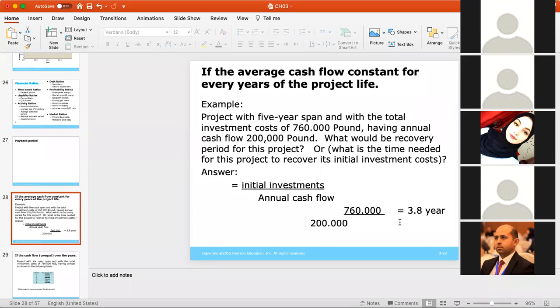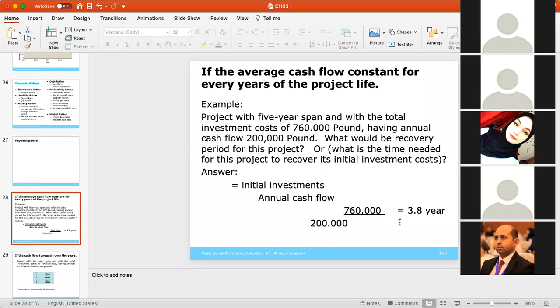We should divide this amount over the annual cash flow. But here we have constant cash flows. What do I mean by constant cash flows? Year one will give me a net cash flow of 200,000. Year two will give me 200,000 again. Year three, 200,000 again, until each year gives me 200,000 as a net cash flow.